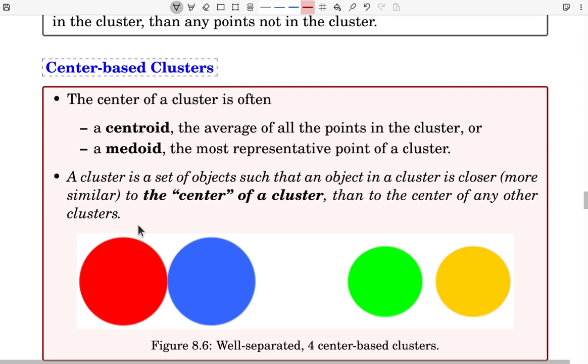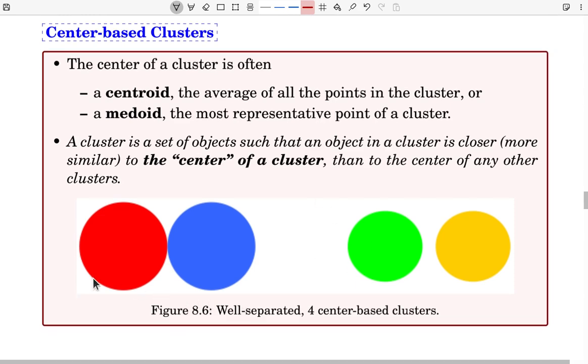Here for the center, we may consider centroid or medoid. The centroid is the average of all points in the cluster, and medoid is the most representative point of a cluster. So the medoid is a data point, but centroid is just averaging.